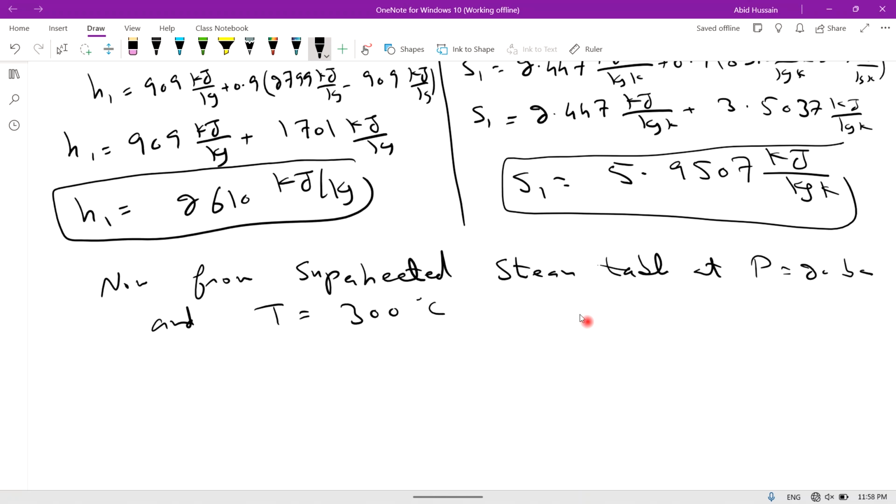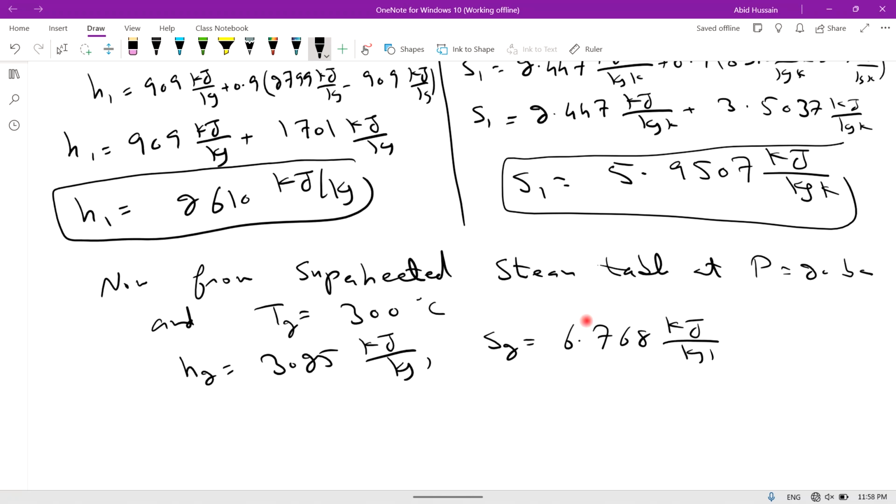Pressure is constant, so pressure at point 1 is 20 bar and point 2 will also be 20 bar, and temperature T2 is 300 degrees centigrade. So at pressure 20 bar and temperature 300 degrees centigrade from superheated steam table, H2 is equal to 3025 kilojoule per kg and S2 is equal to 6.6768 kilojoule per kilogram per Kelvin.